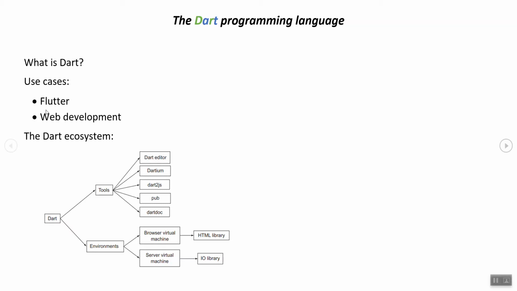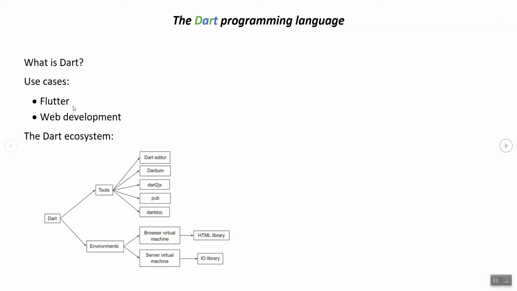So about use cases. The main use case that the Dart programming language has is inside the Flutter framework. And as I said, people are using it to make cross-platform mobile apps. And the other use case is for web development.